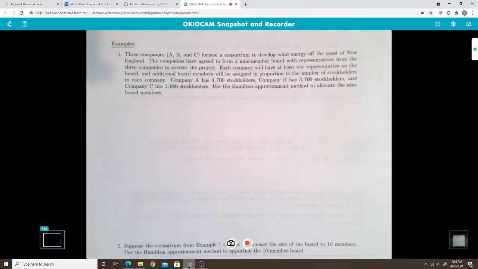Each company will have at least 1 representative on the board, and additional board members will be assigned in proportion to the number of stockholders in each company. Company A has 4,700 stockholders, Company B has 3,700 stockholders, and Company C has 1,600 stockholders. Use the Hamilton apportionment method to allocate the 9 board members.